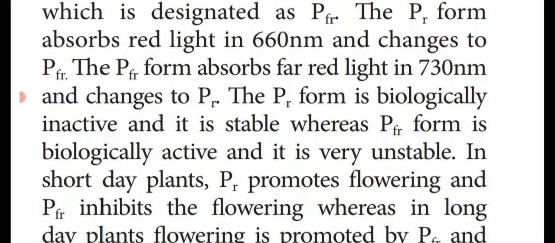The PR form absorbs the light at 660 nanometer, and it changes into PFR. Why does it change into PFR? I told you they have the capacity to interconvert. That is, PR is modified into PFR. Likewise, PFR is modified into PR.